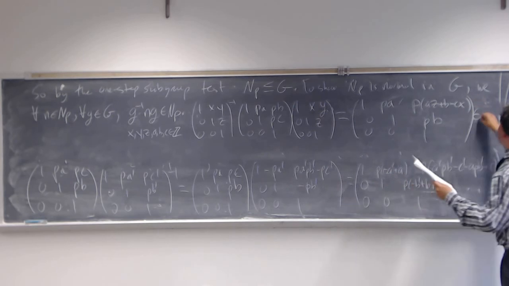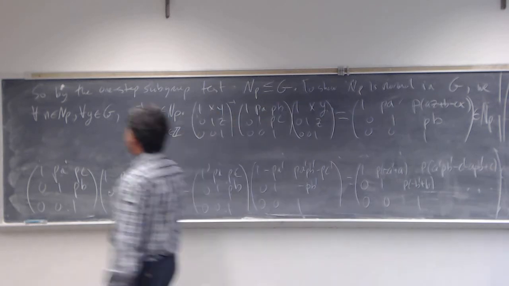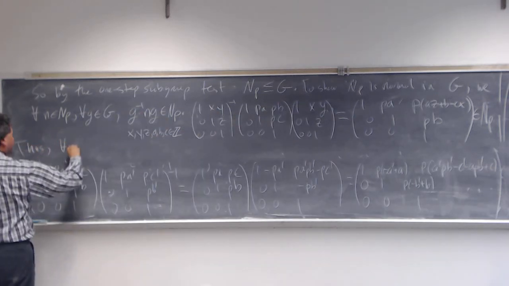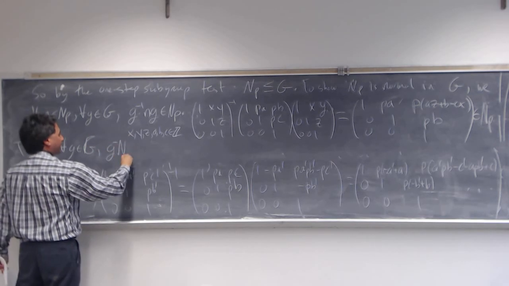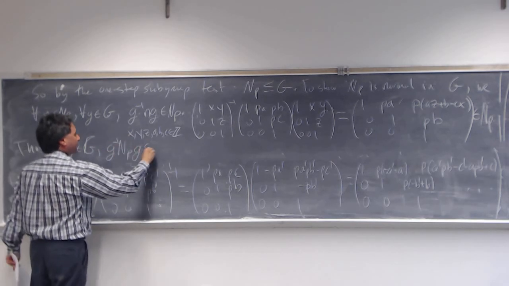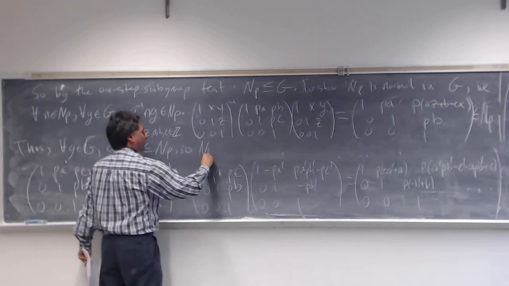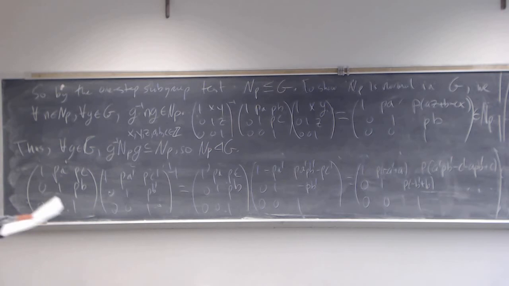So that's your matrix, and that's an element of N of P. Thus, for all g in G, g inverse N of P g is contained in N of P, so N of P is a normal subgroup. First we show it's a subgroup, then we show it's normal.